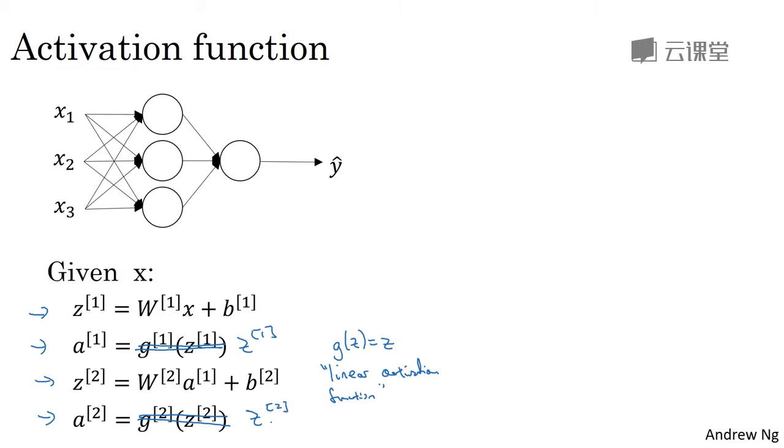It turns out if you do this, then this model is just computing y, or y hat, as a linear function of your input features, x.